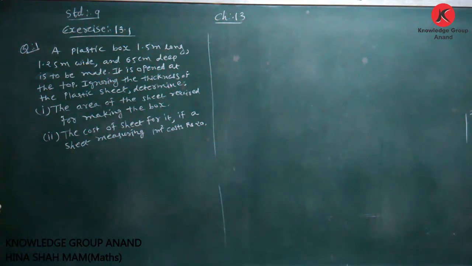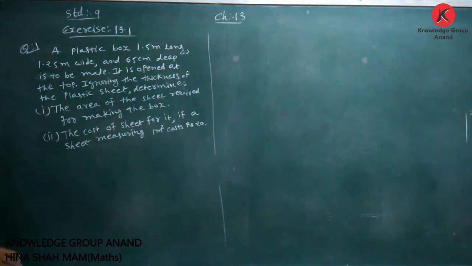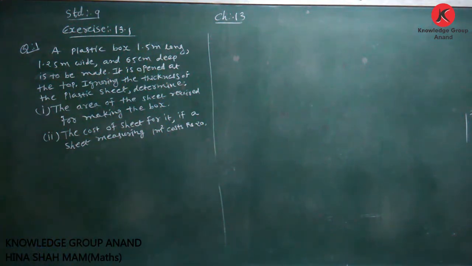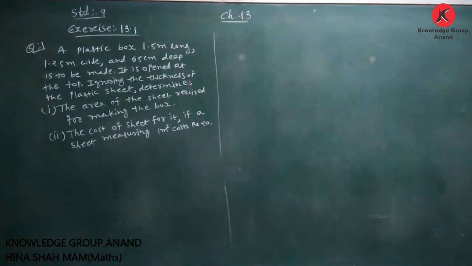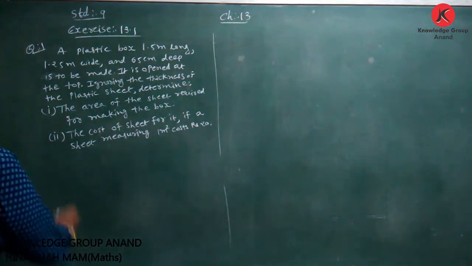Ignoring the thickness of the plastic sheet, determine number 1, the area of the sheet required for making the box, and number 2, the cost of the sheet for it, if a sheet measuring 1 meter square costs rupees 20.